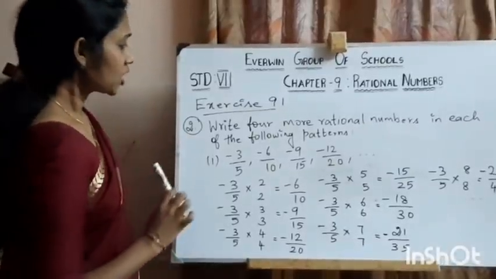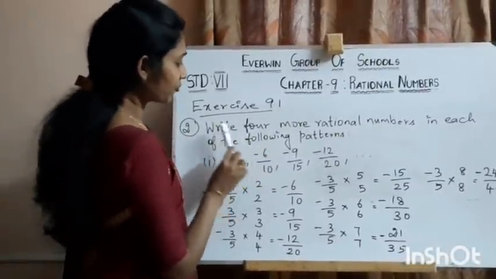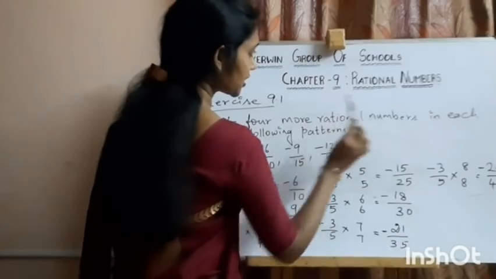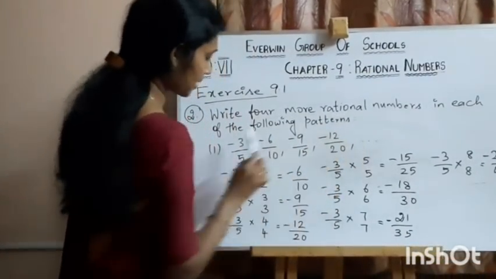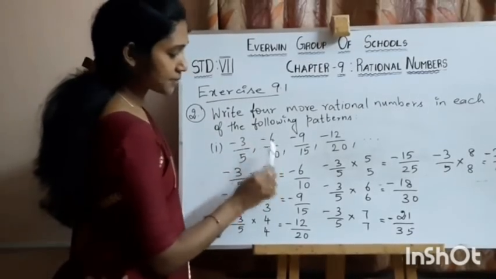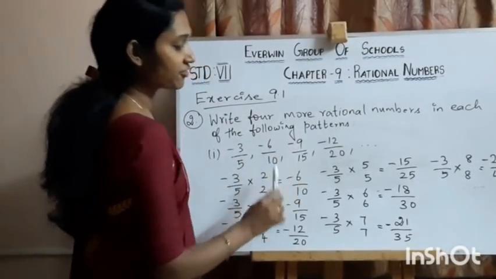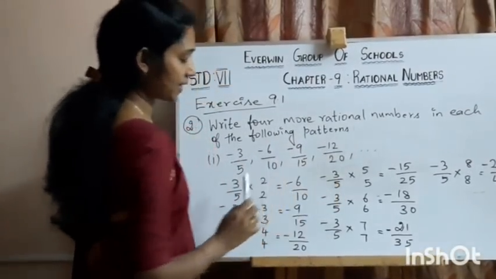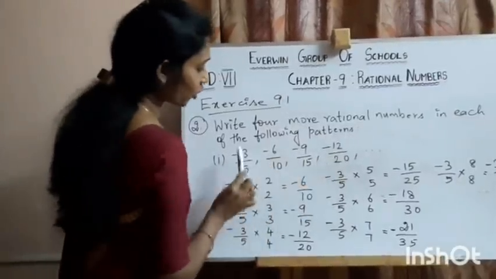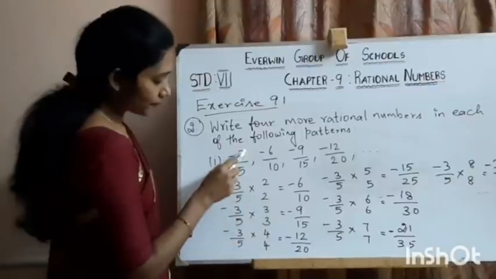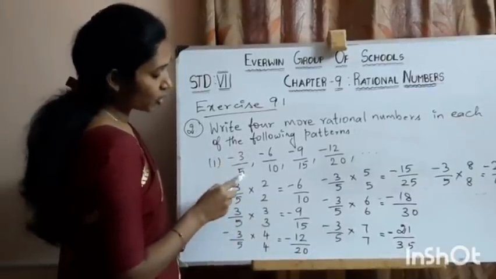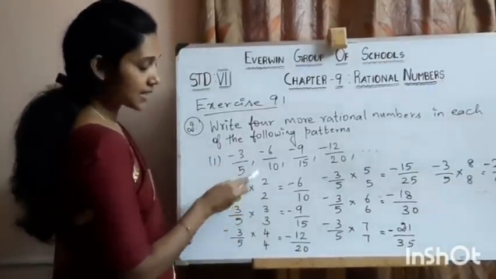Again I will repeat. So we have to write 4 more rational numbers in each of the following patterns. So this is our question. Minus 3 by 5, minus 6 by 10, minus 9 by 15 and minus 12 by 20. So here they are following a pattern such that they are multiplying the numerator and the denominator with the same numbers sequentially.